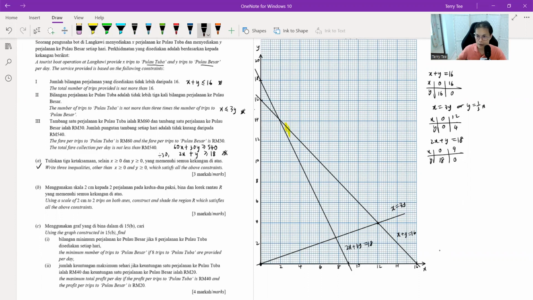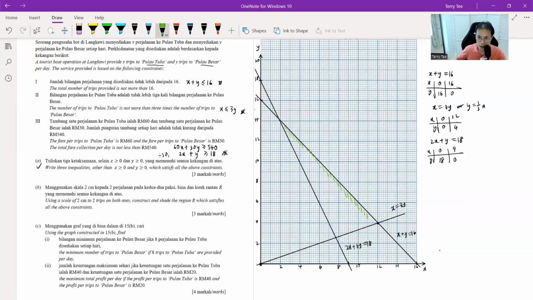I think I better use a thinner pen because this is a bit too thick. I'll just undo this. Okay. This is 2x plus y equals 18. Once again, use a thinner one. I just want to shade below here. Can you see? Yes, below this line, x plus y equals 16.